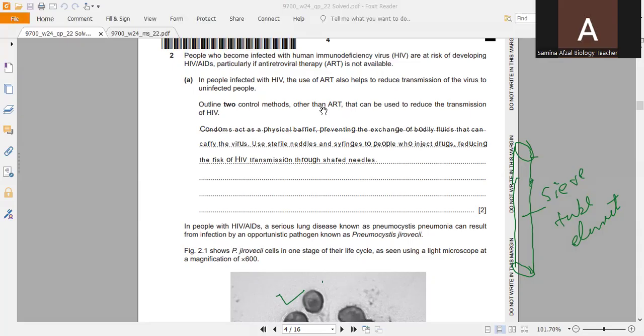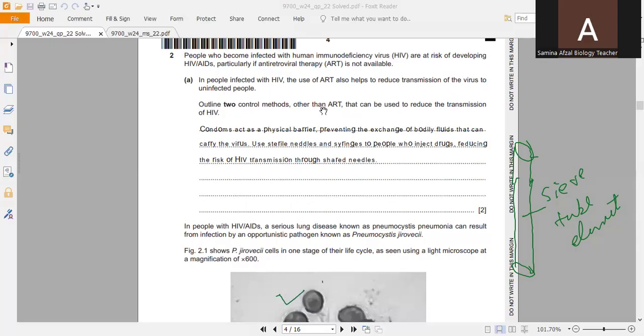There are many possible methods to control this or to reduce the transmission of this virus. We have to write only two. So the best option is that condoms act as physical barriers preventing the exchange of bodily fluids that can carry the virus.